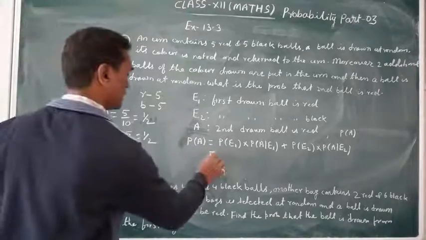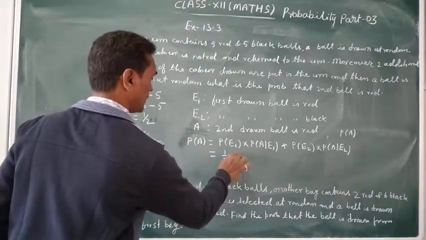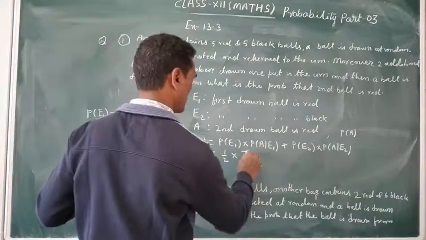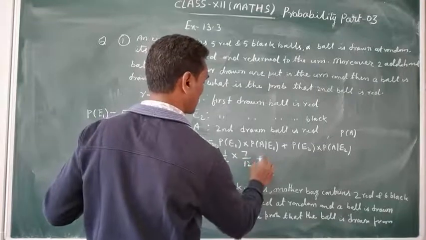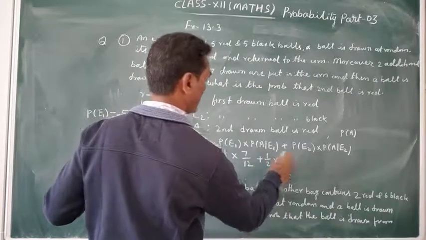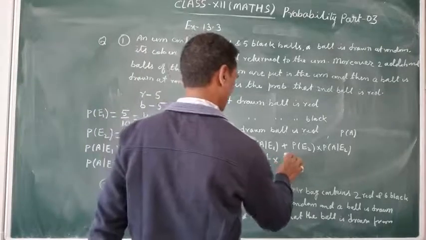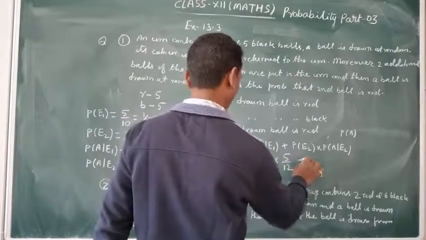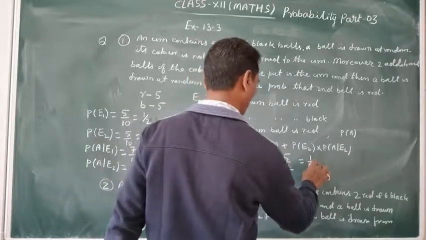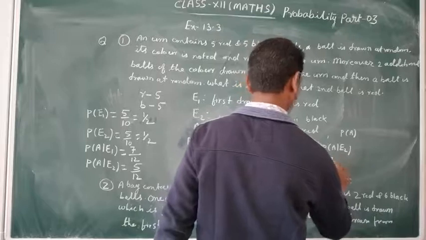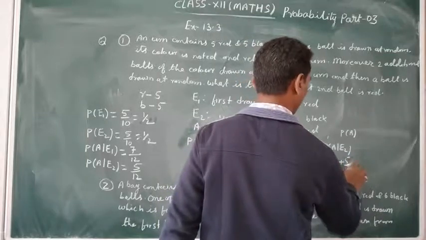Simply put here 1 by 2 into 7 by 12, plus 1 by 2 into 5 by 12. 1 by 2 is common, then 7 by 12 plus 5 by 12.